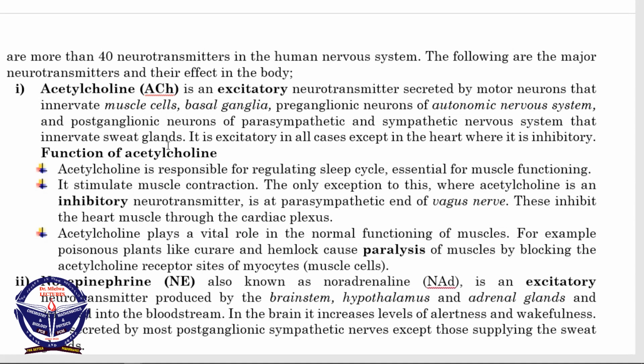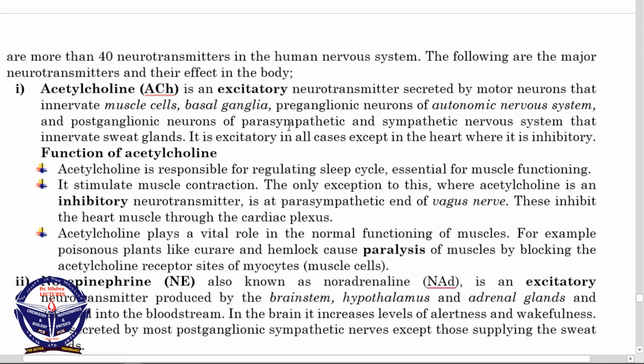Sympathetic nervous system to the sweat gland, they use acetylcholine. Only the sympathetic nervous system to the sweat gland. Lakini all preganglionic neurons they use acetylcholine. Na all postganglionic neurons of the parasympathetic they use acetylcholine.